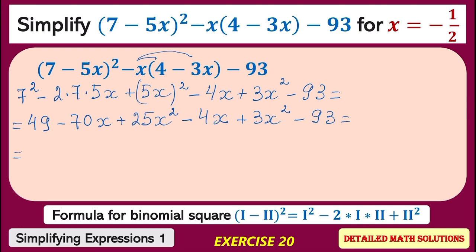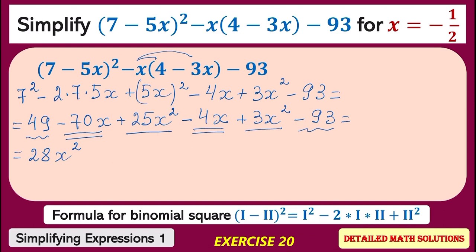Next, I'm going to add all like terms. 25x squared and 3x squared is one pair of like terms. Minus 70x and minus 4x is a second pair of like terms. And then finally I have 49 and -93. 25x squared plus 3x squared gives 28x squared.